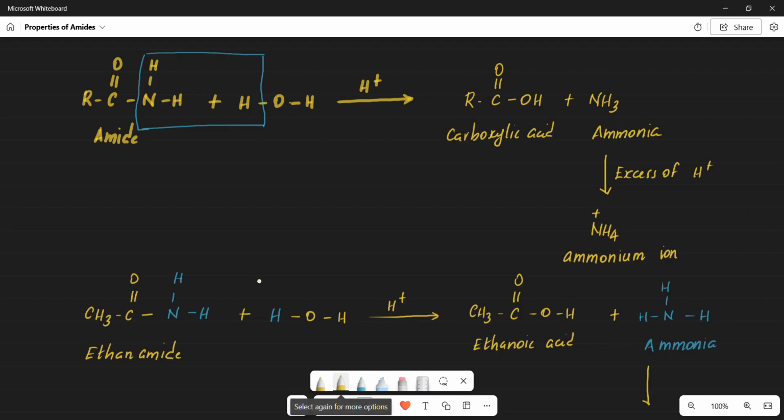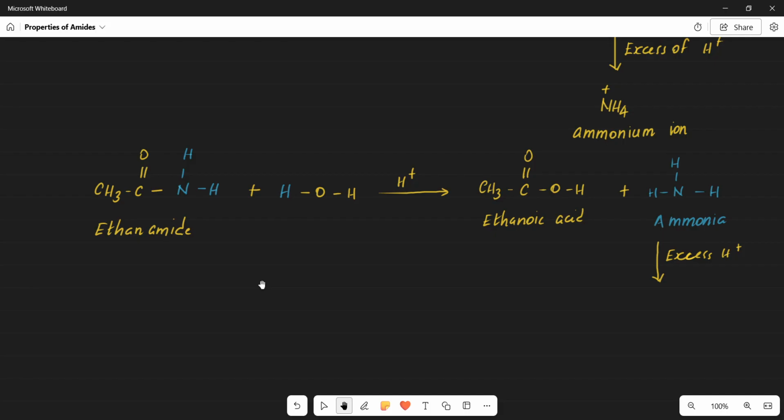If I always show this also, with excess H plus, I will have ammonium ion. I have the hydrogen also. So now this is going to be positive. So ammonium ion.